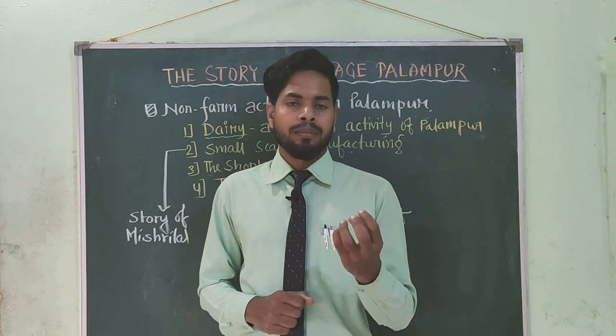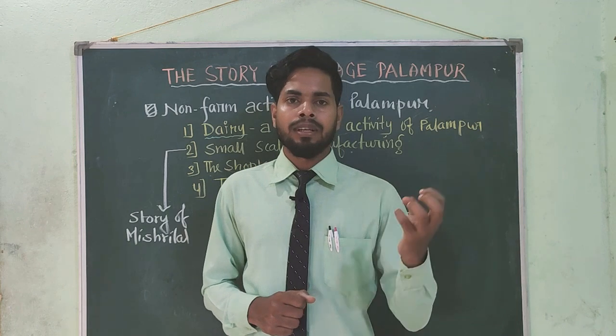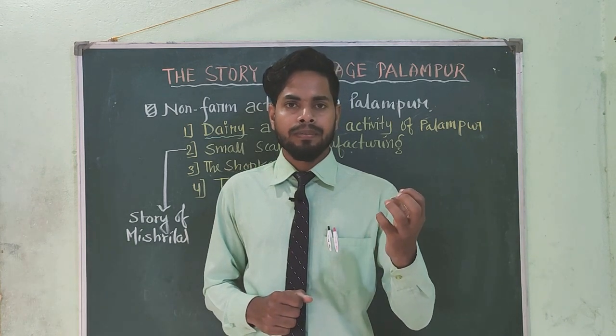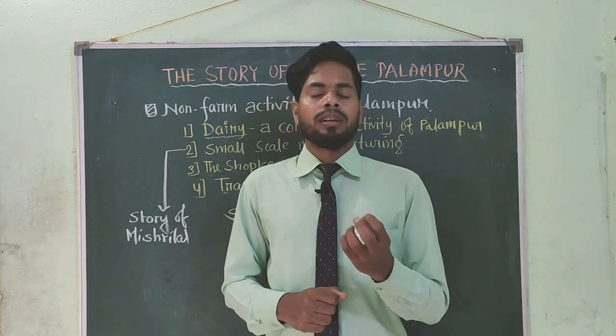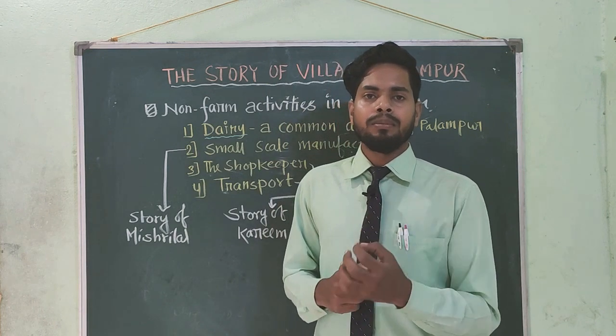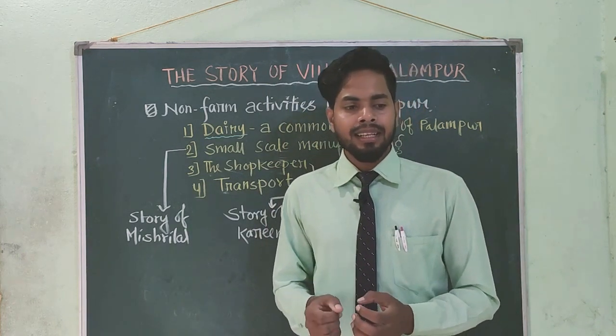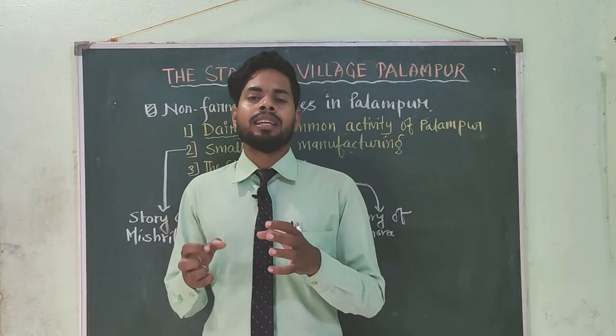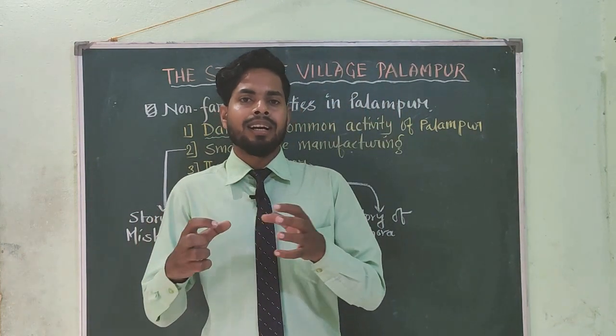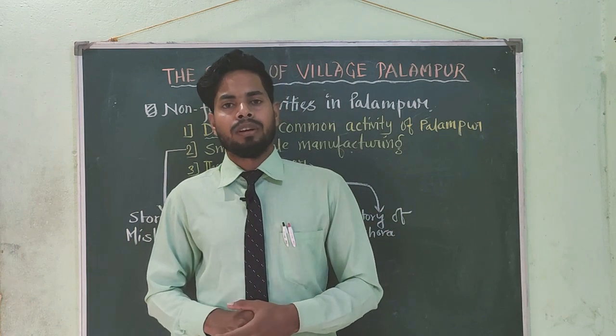So think, first of all, Kishora earned as a farm laborer. Second, he earned a little more by selling milk in the market, and then he added a wooden cart with his bullock.